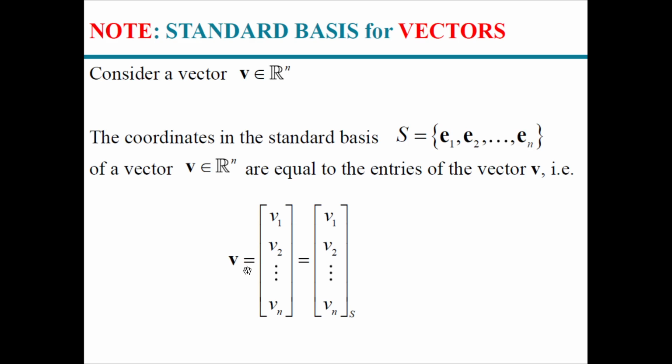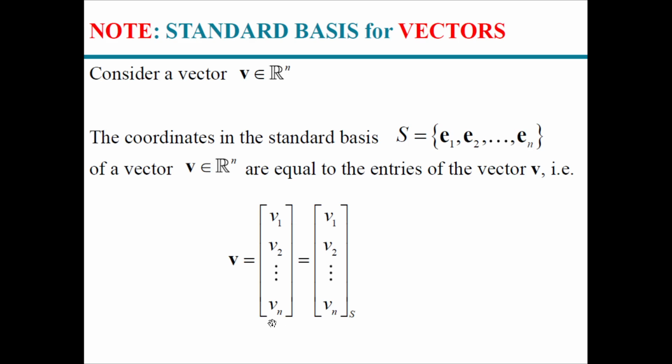So I have a vector in Rn, so these are the components or the entries of the vector, and we know that the coordinates of the same vector in the standard basis of Rn are actually the entries of the vector itself.